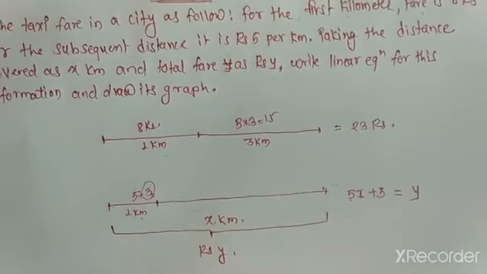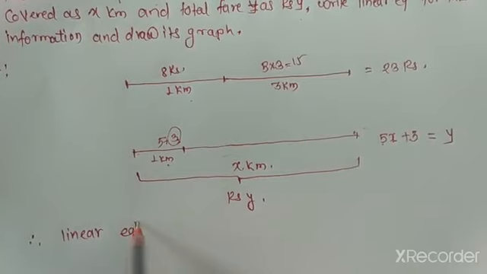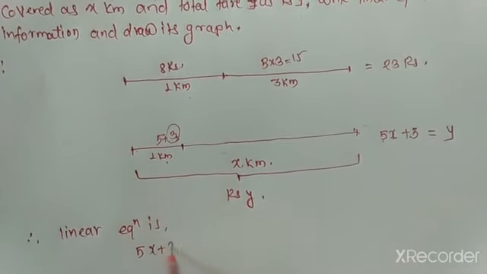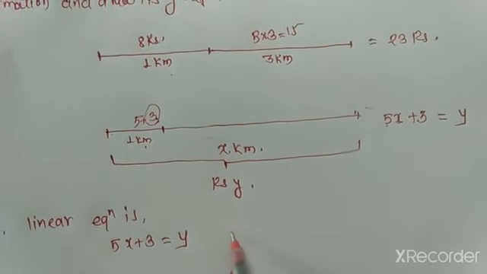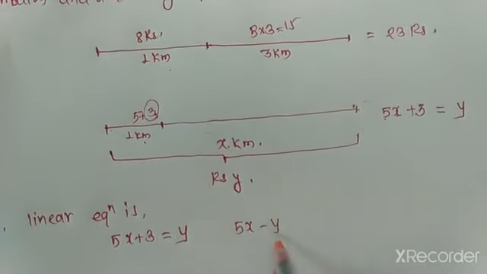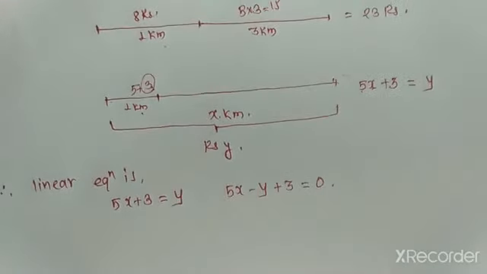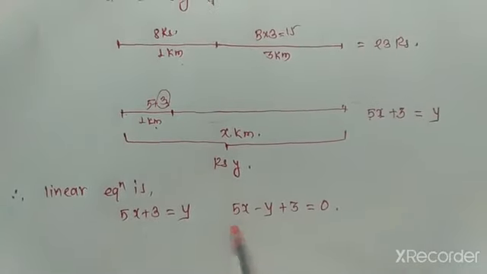Therefore our linear equation is 5x plus 3 is equal to y. You can write it as 5x minus y plus 3 is equal to 0, which is our standard form. I think you have understood this part.